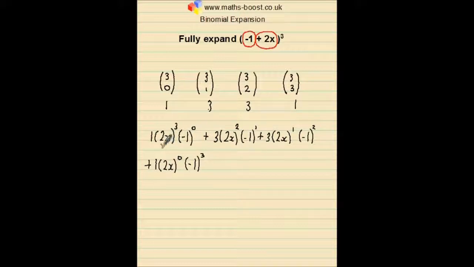Now, I wouldn't try to simplify this in one go. I'd introduce an intermediate step, and I'll just evaluate each of these terms one at a time. The most common error I see here is students will write this down as 2x cubed, but of course it isn't, because we are cubing the 2 and the x.